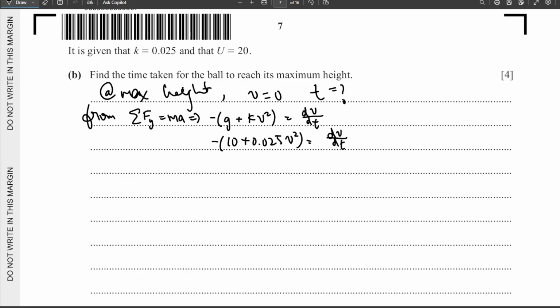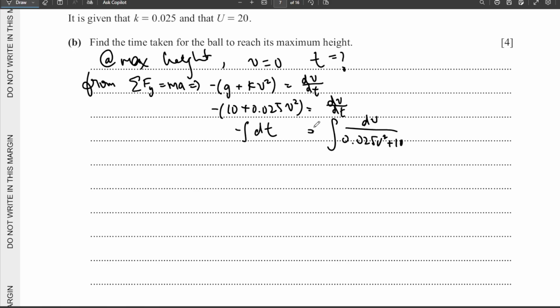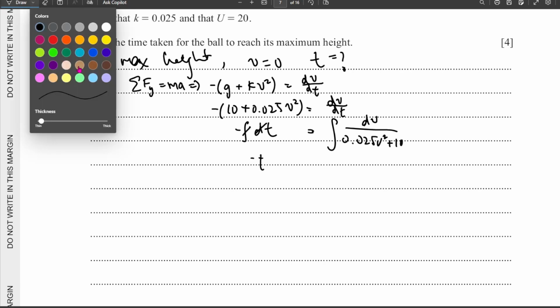Here we can just separate the variables so that we have dv over 0.025 v squared plus 10, and here we have a dt. So these are integrals on both sides. On the left hand side, negative dt integral, the integral and differential cancel, so you get negative t. On the right hand side, we need to do a bit of manipulation.